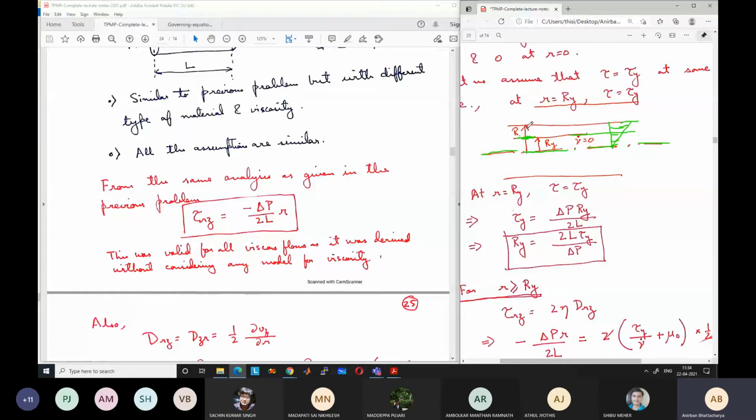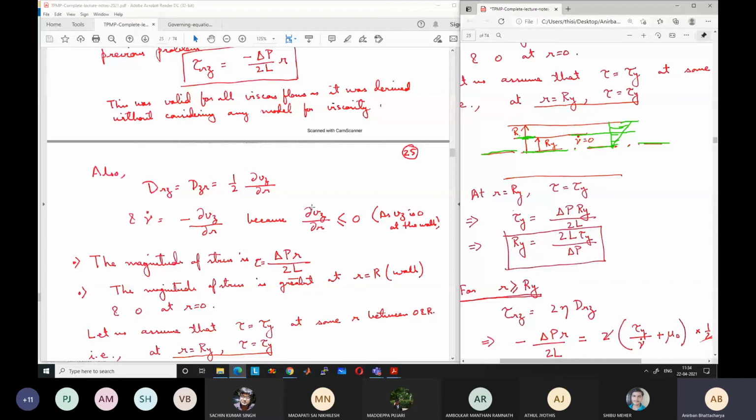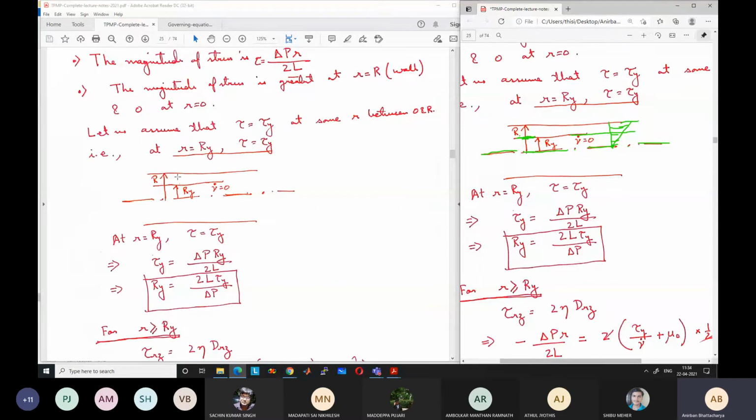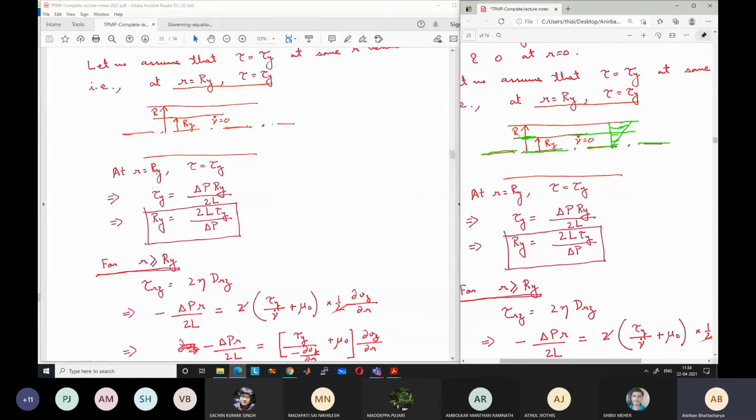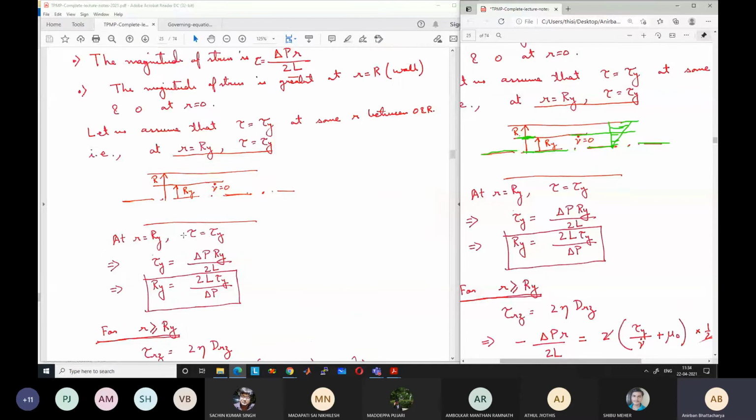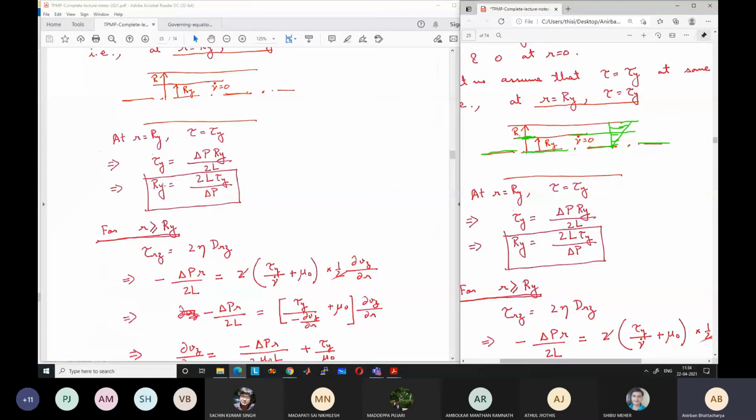So we will solve this problem by dividing this into two parts, the inside part and the outside part. So at r is greater than Ry, at r equal to Ry, tau is equal to tau y. So we can find out what should be the critical radius beyond which there will be deformation rate.